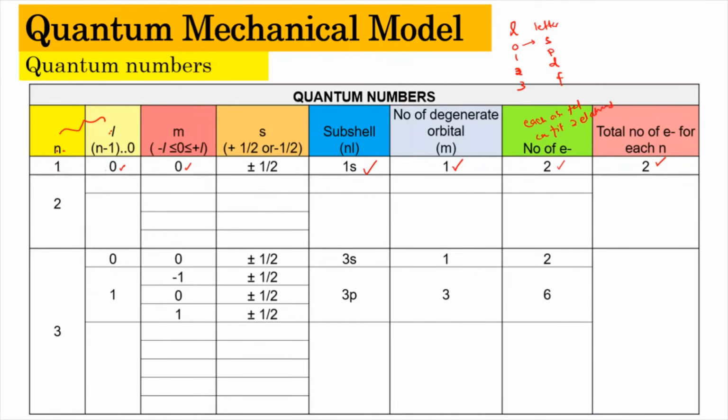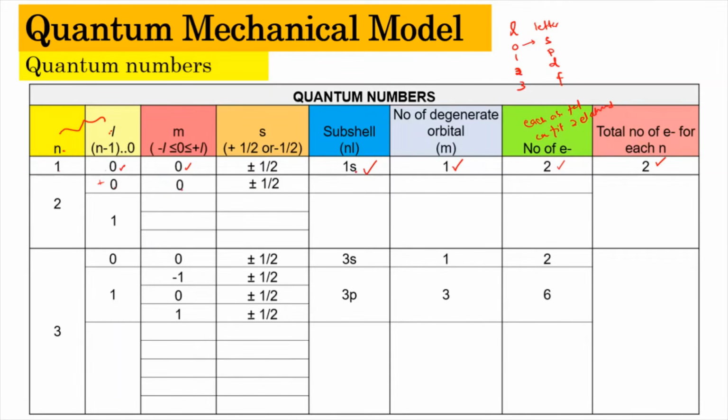Now we're going to look into n equal to 2. So when n equals 2, we have two possible values of L, which are 0 and 2 minus 1, which is 1. Let us look at this row first. When our L is 0, our m will become 0 as well. And our s here will have plus and minus half.